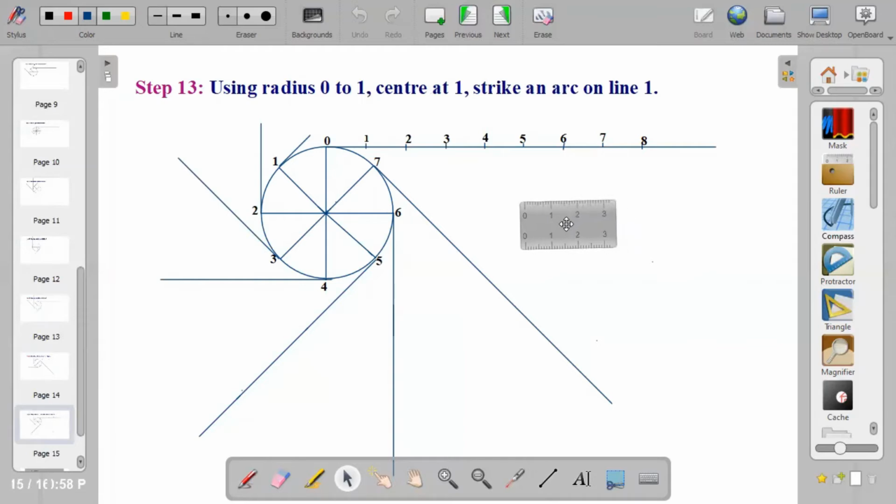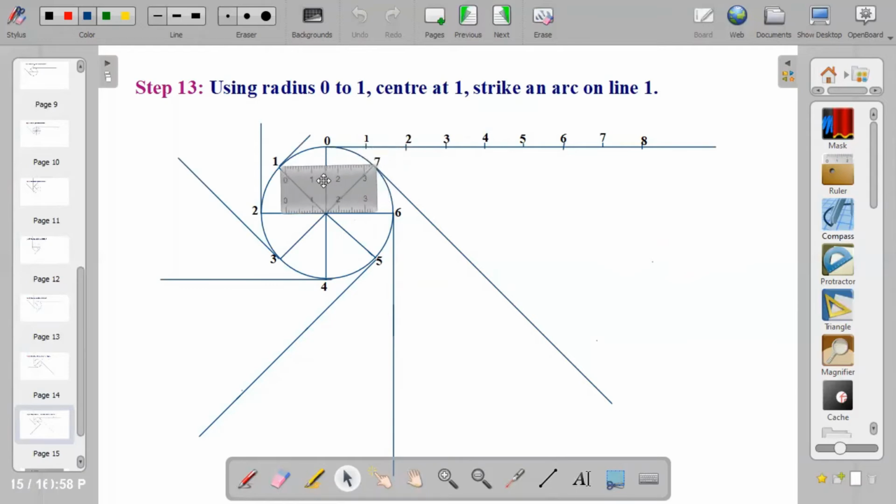I'm using a ruler on this board, but you can as well use your compass to get the same results. Now, if you're using your ruler, take the radius from 0 to 1. The radius from 0 to 1, on my ruler, I have 1.5. So you can as well use your compass to pick the radius from 0 to 1.